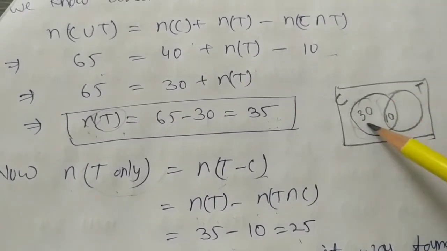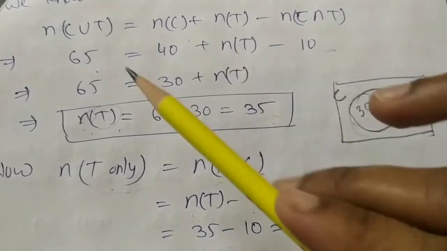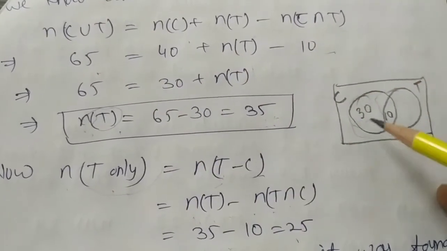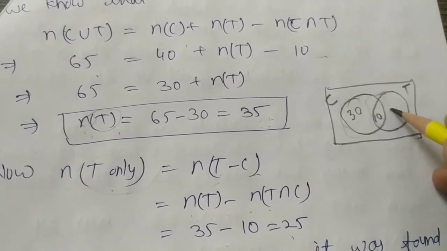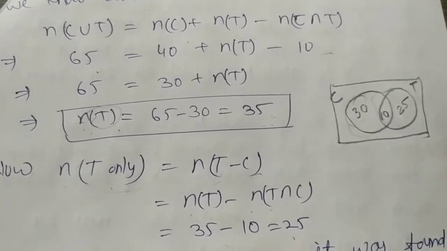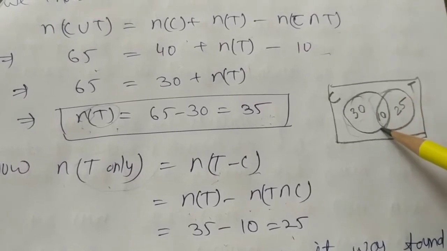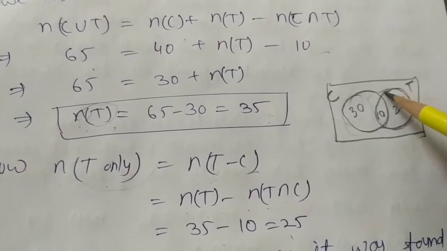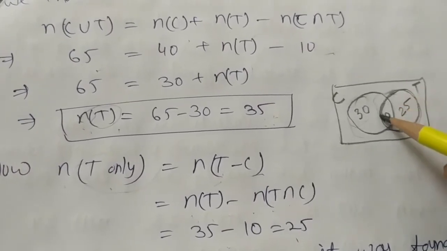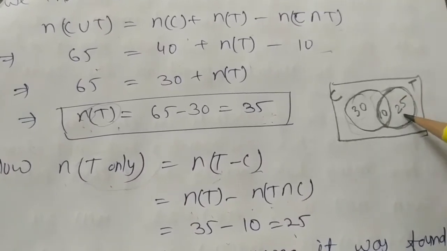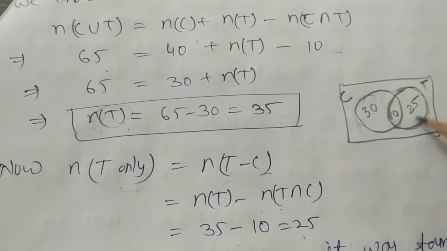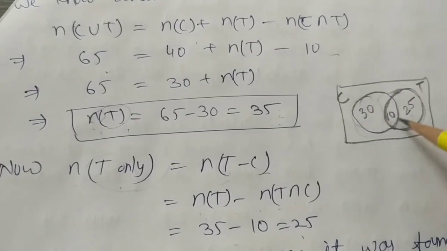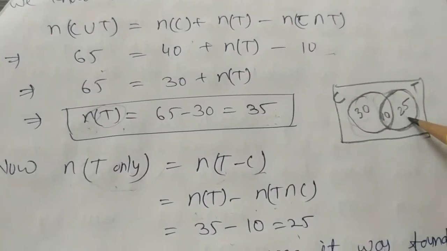And overall total in union we have 65. 65 minus 40 is 25. It means a total of 25 people like only tennis, and the total number of people who like tennis is 25 plus 10, that is 35, and the union is given as 30 plus 10 plus 25, that is 65.